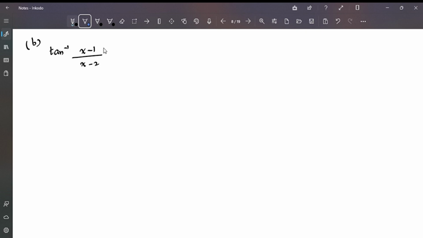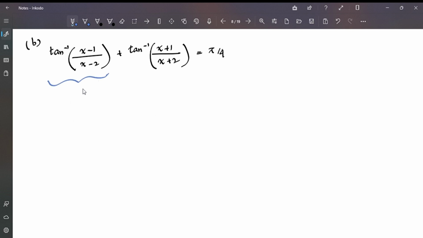Solve the following equation. Tan inverse x minus 1 divided by x minus 2 plus tan inverse x plus 1 divided by x plus 2, that is equal to pi over 4. Now this is an angle. Tan inverse means it should be an angle. Let's name this as alpha. This is an angle.